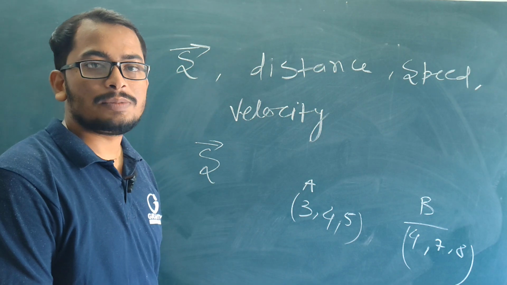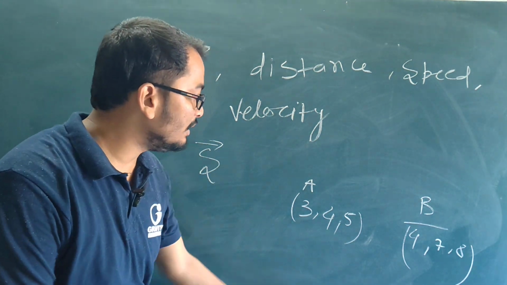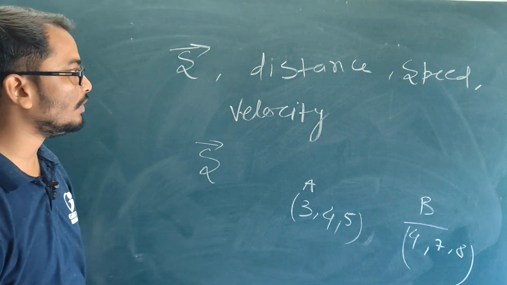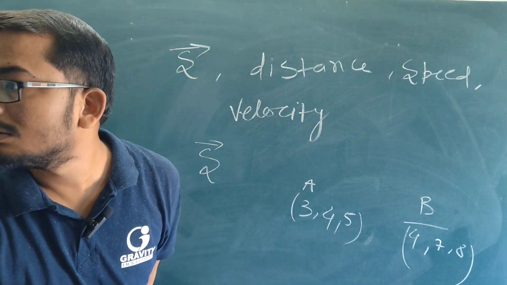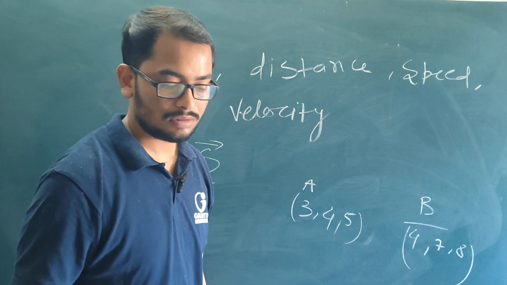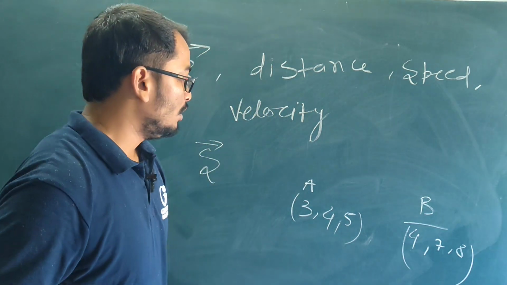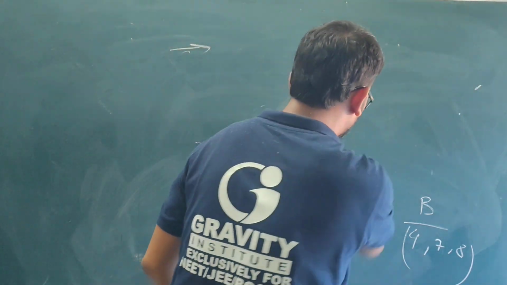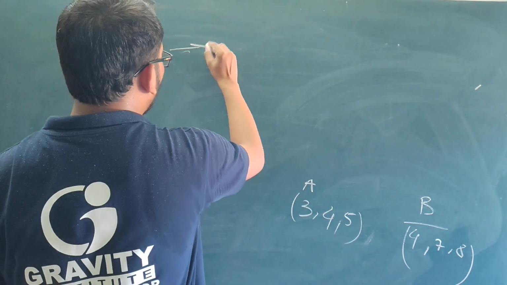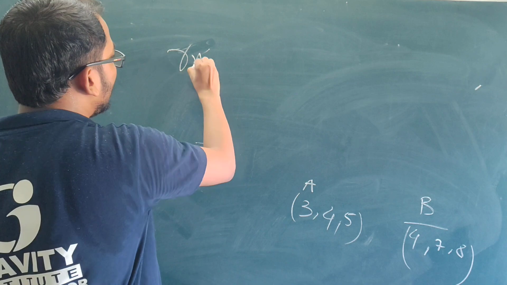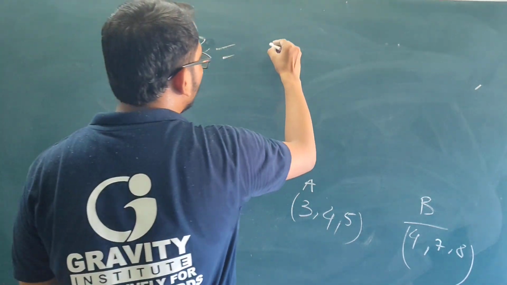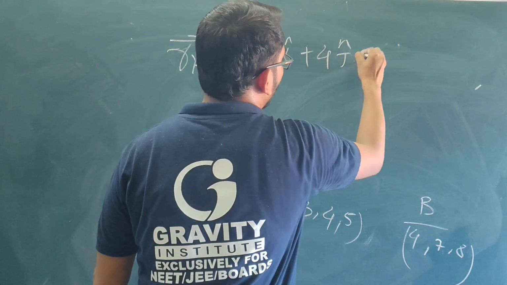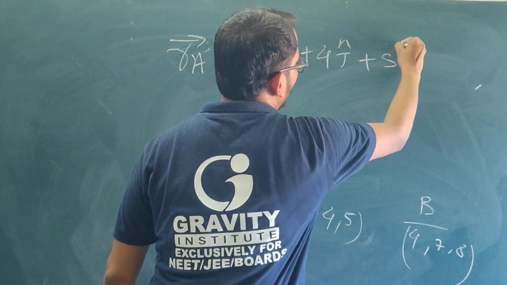To know the displacement of the particle, we have to write this in the form of a vector. So what will be the position of A? RA is 3i, 4j and 5k.